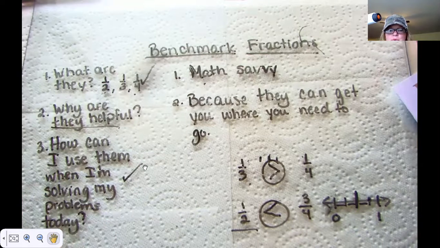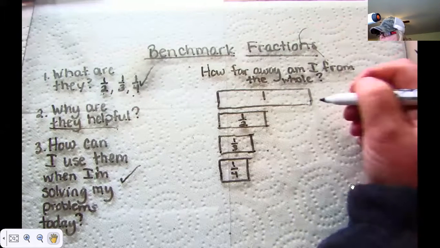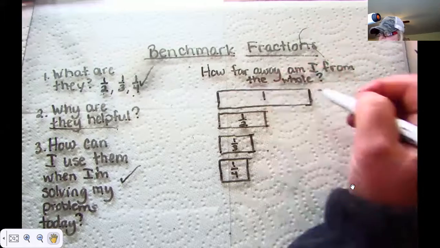And so I'm actually going to pause the video and show you one more thing that I just thought about. Okay, we're back for one more little part. I'm going to share the screen. Another way our benchmark fractions can help us solve problems. And this is a way to think in your mind, okay? Here's my one whole. This is my one whole thing.